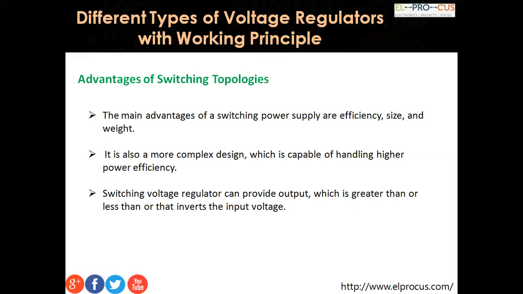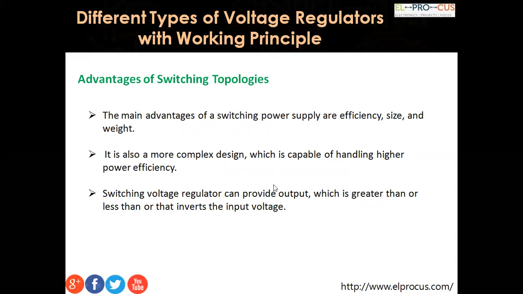So the main advantages of the switching voltage regulator are that it is more efficient, smaller in size, and lower in weight as compared to the linear voltage regulator.